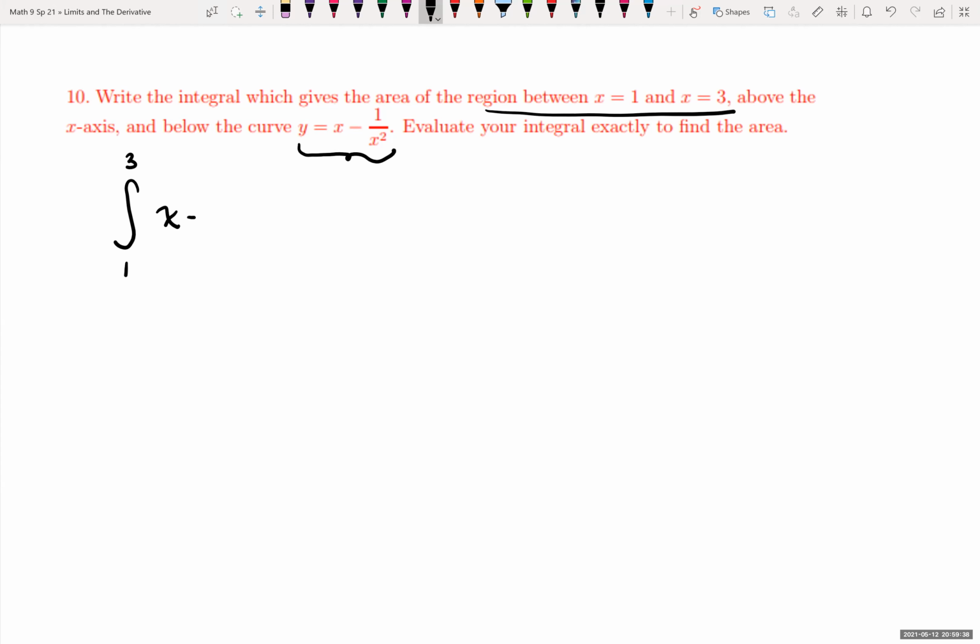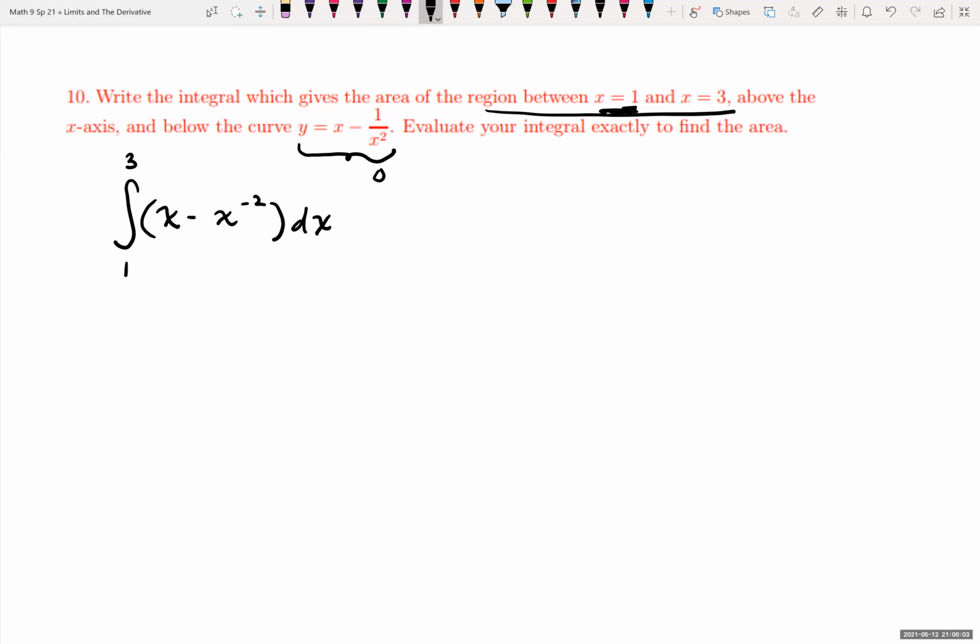So let's rewrite the 1 over x squared as x to the negative 2 power, and that will help us take the antiderivative. The only thing we're worried about is whether this is above the x-axis the whole time. So if I plug in 1 here for x, I get 1 minus 1, which is 0.